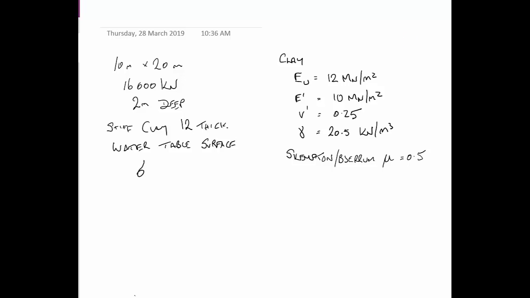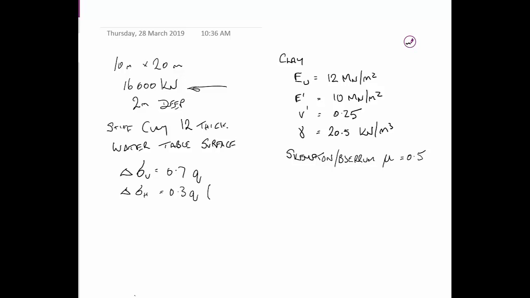So sigma V equals 0.7 Q, and Q is the contact pressure. We'll distribute that over an area, and that's the change in vertical stress. The change in horizontal stress equals 0.3 Q.